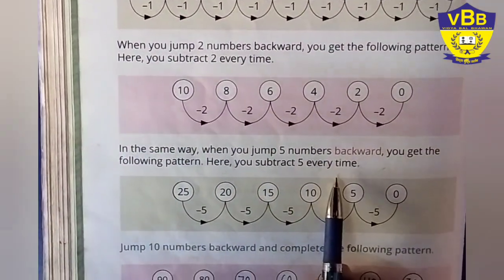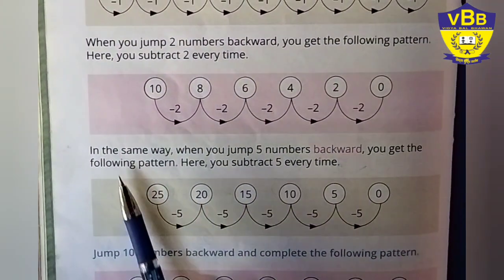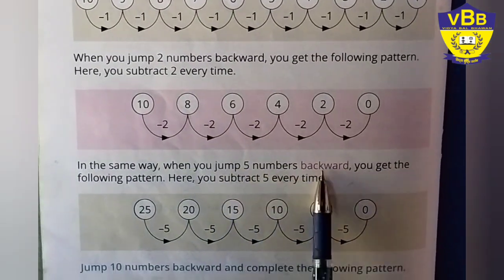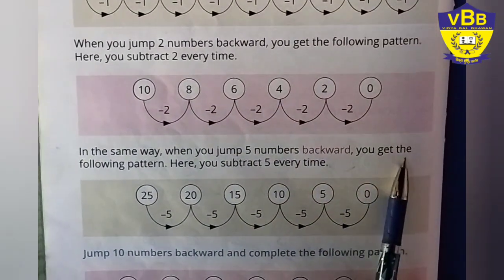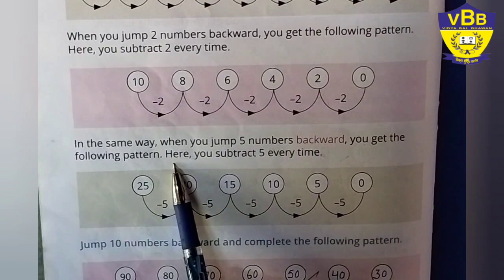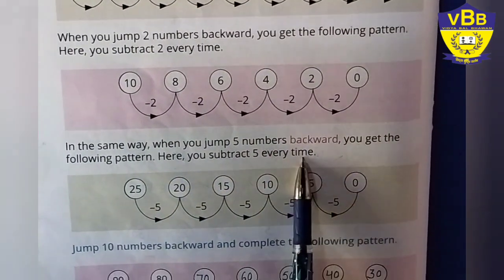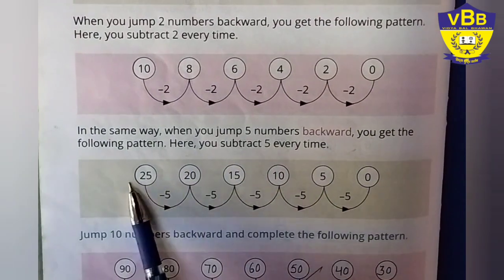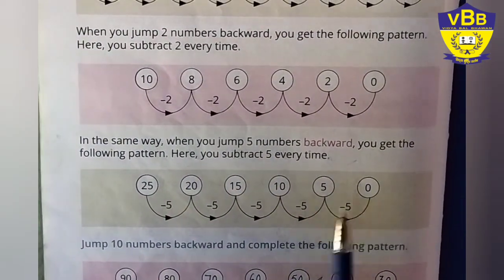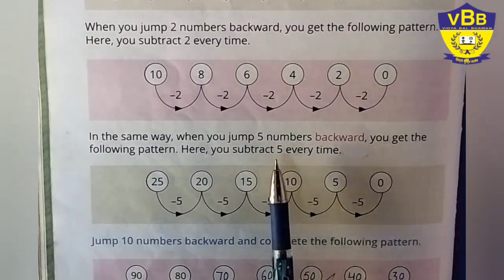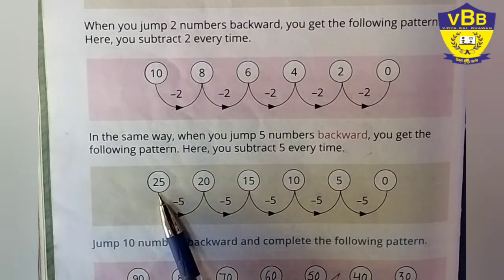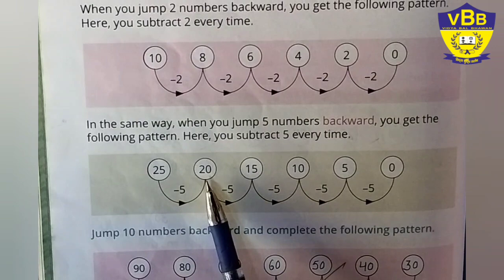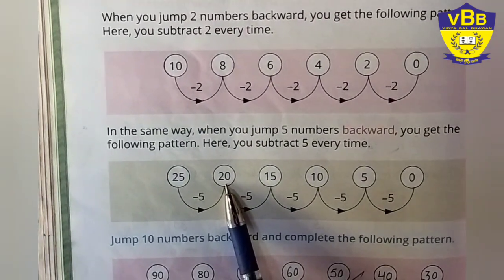Now look at here. In the same way, when you jump 5 numbers backward, you get the following pattern. In this sequence, we have to subtract 5 every time. 25 minus 5 is 20.